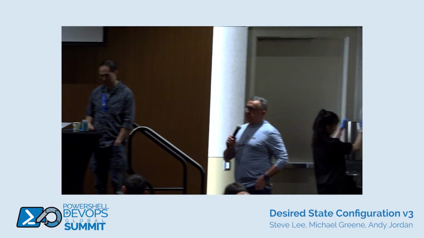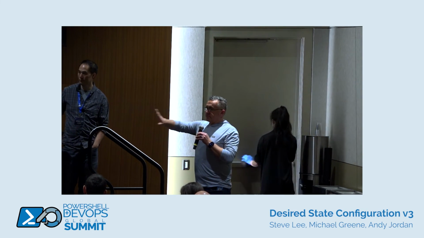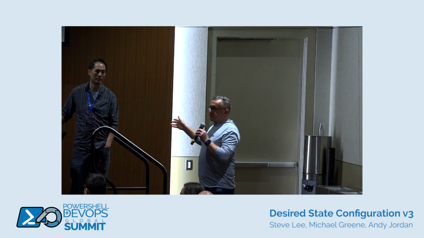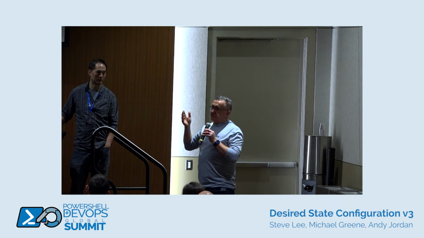Part of the scenarios I've seen also, so you're going to declare the state of a server. What we have done in the past is say you write your configuration in PowerShell. Instead of producing the MOF and taking that to the machine, you hold compilation until you get to the machine. You take the whole PS1 script, compile it at the destination, and then produce the MOF and go do things. The reason was you didn't know everything at build time in source control.